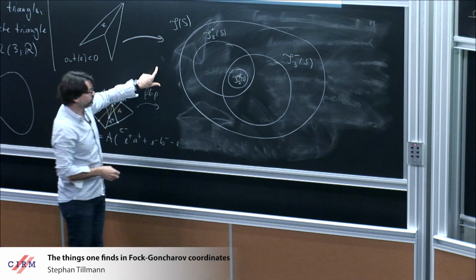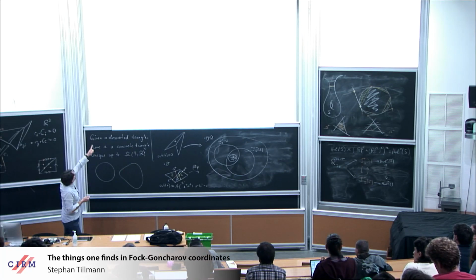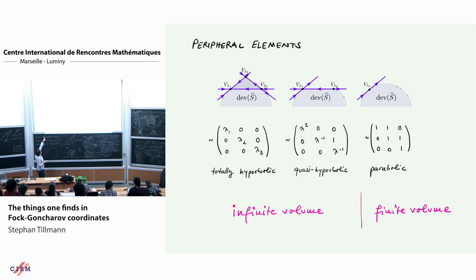They're in the intersection because for each peripheral element, I just get one fixed point and one line. There's just no choice. So this is how it looks. And then when I think about these maps to the holonomy group, they have different degrees.